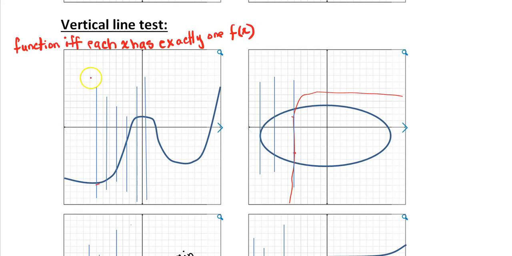So in this case, it is a function. It wouldn't matter anywhere that I drop a vertical line, it's going to be just fine. Here, if I only dropped it once, I could say, oh, this is probably a function. But the second I drop that next vertical line, I can cross it twice, and so I know it is no longer a function.